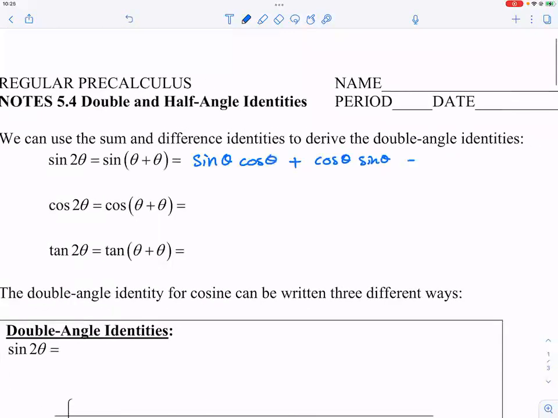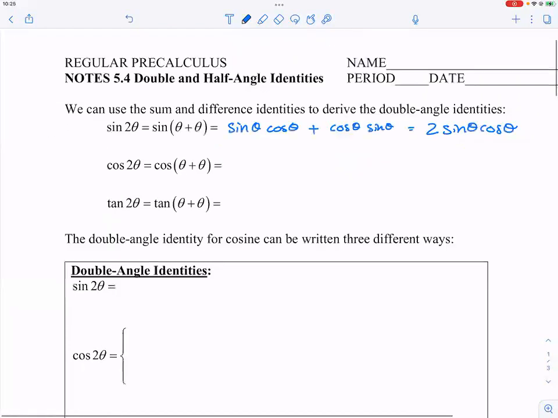Okay, and that gives you 2 sine theta cosine theta, since sine theta times cosine theta is the same thing as cosine theta times sine theta. So that's how you have 2. You go ahead and write down 2 sine theta cosine theta right there.